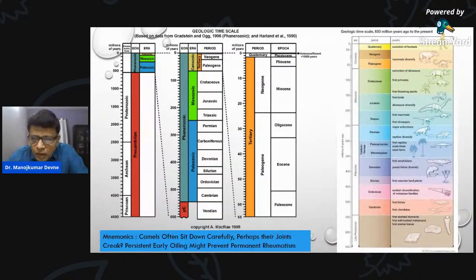Now, as far as the geography of this is concerned, I already said that the Aravallis in India are much older. When we speak about Alfred Wegener, he speaks about the Pangaea and the Panthalassa, which happens during late Carboniferous and Permian.